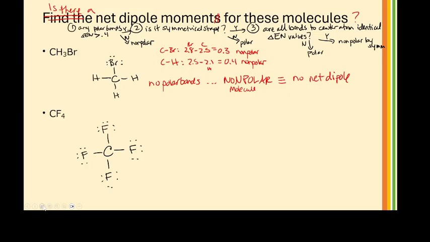Let's do it again in the second case, but now notice that the only kind of bond I have in this structure is CF. The center atom is C. It's only bonded to F's. So in this case, fluorine is 4.0 minus carbon 2.5 equals 1.5. That is greater than 0.4, so polar.